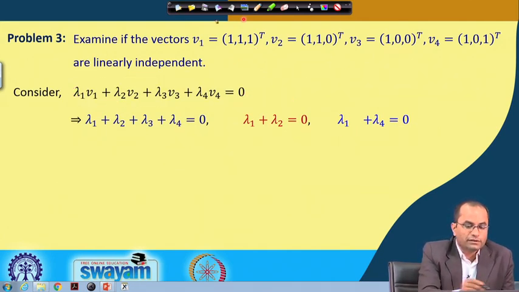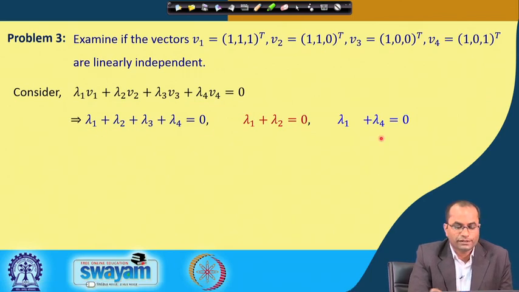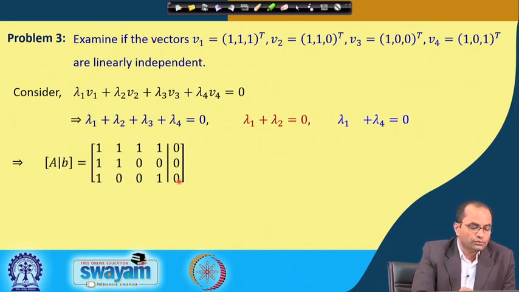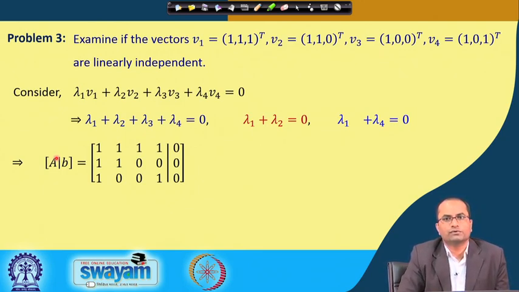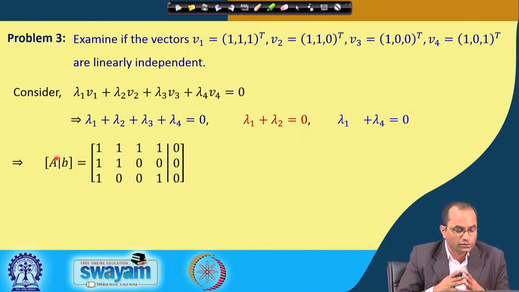Having this system of equations which we want to solve for the lambdas, the general way would always be to write it in the form of an augmented matrix, and then do the elimination or reduce to row echelon form. From there the situation will be clear whether we are getting a unique solution or a non-unique solution.